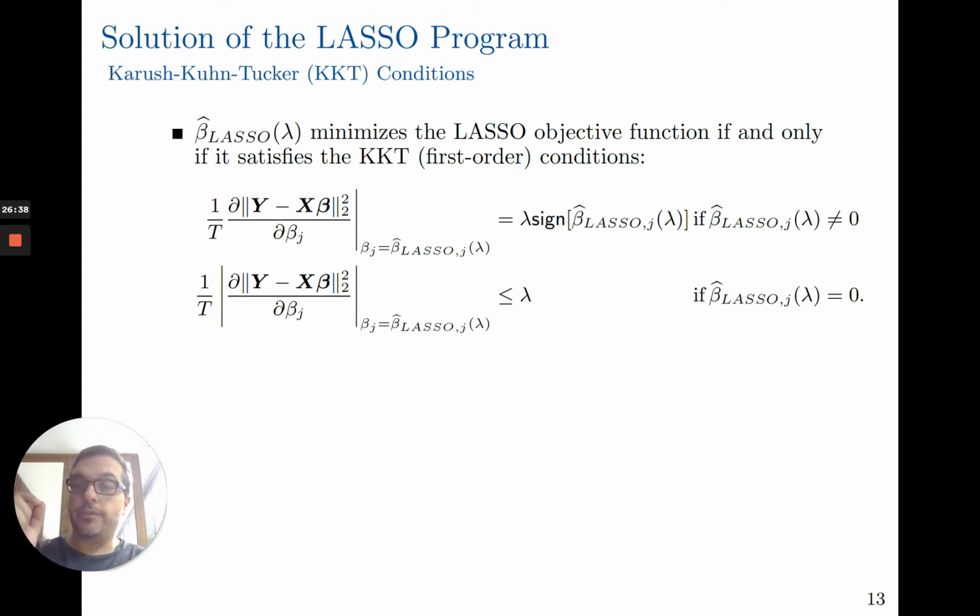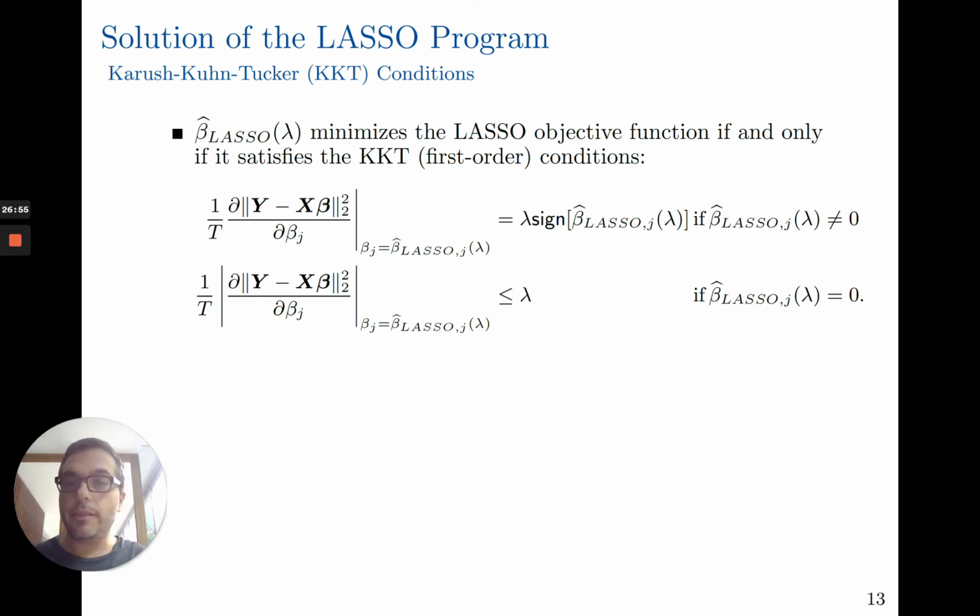And we should take the derivatives of this cost function and make it equal to 0. So basically we are going to say that the derivative of the sum of squared errors should be equal to minus the subgradient of the absolute function. So that's what you're looking at on your screen.